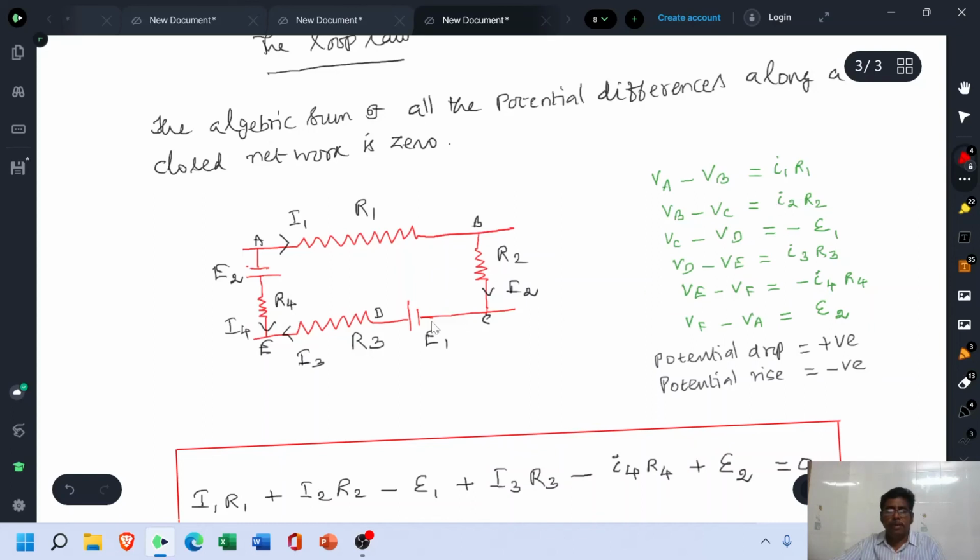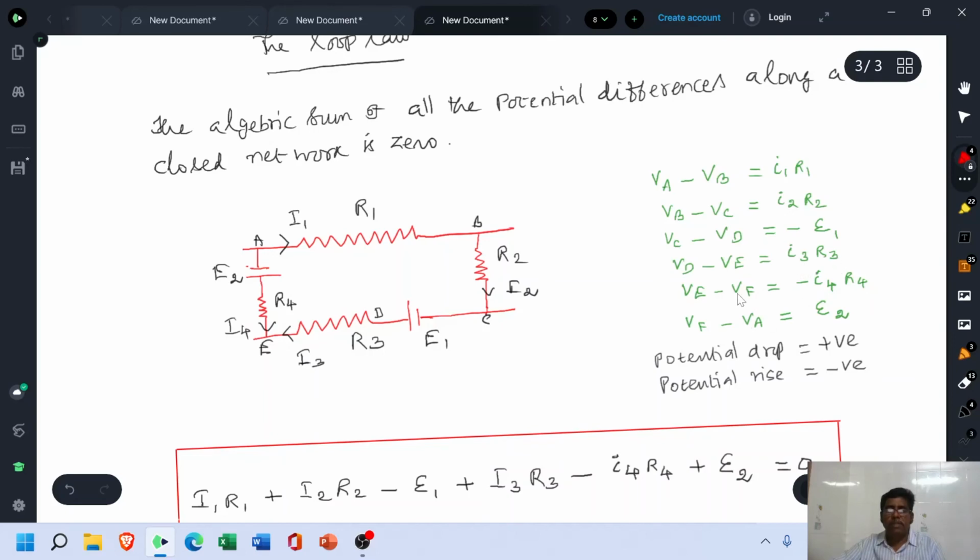Then VC minus VD, there is a potential rise, so minus E1. Then VD minus VE, once again potential drop, so plus I3 R3.